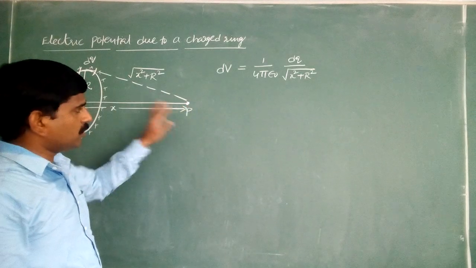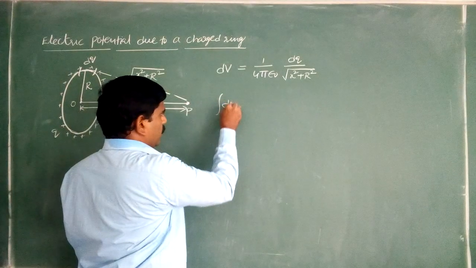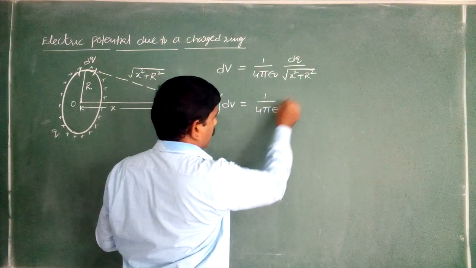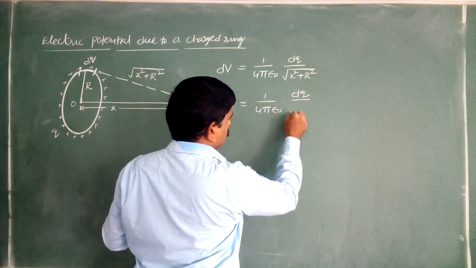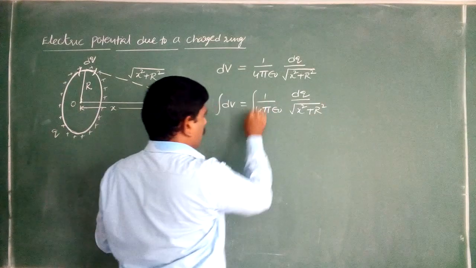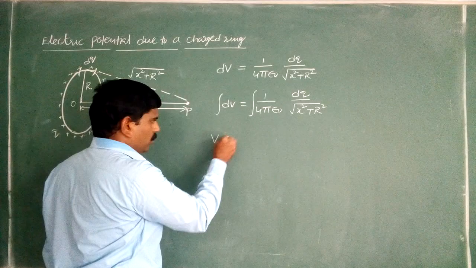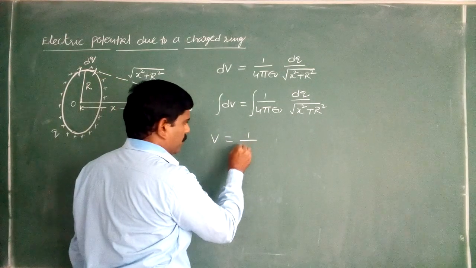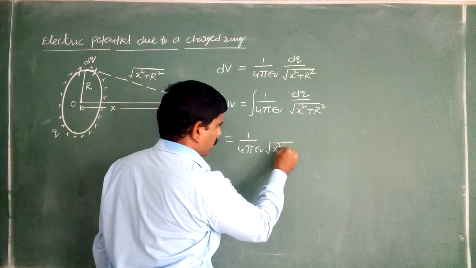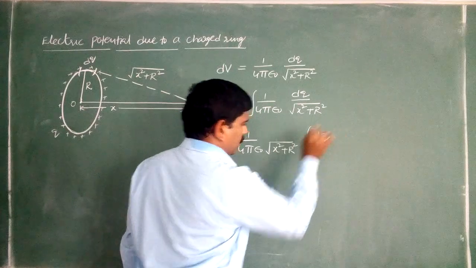So to find the total potential at point P, integrating this: integral of dV is equal to 1 by 4 pi epsilon naught into integral of dq by square root of x square plus r square. So V is equal to 1 by 4 pi epsilon naught into 1 by square root of x square plus r square into integral of dq.